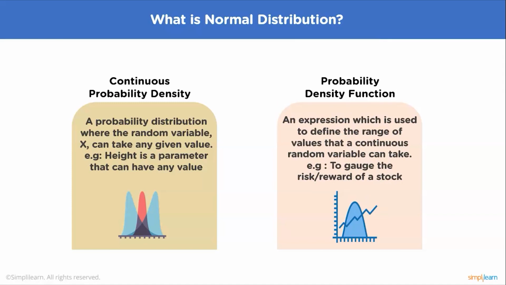A discrete variable can be measured exactly, while a continuous variable can have infinite values. However, for both continuous as well as discrete variables, we can define a function which gives us the range of values within which these variables will fall, and that function is known as the probability density function.